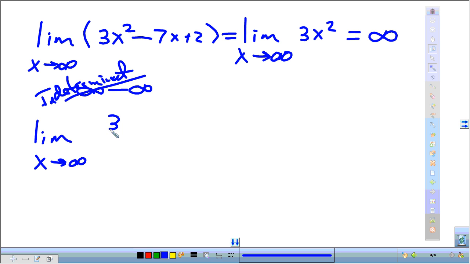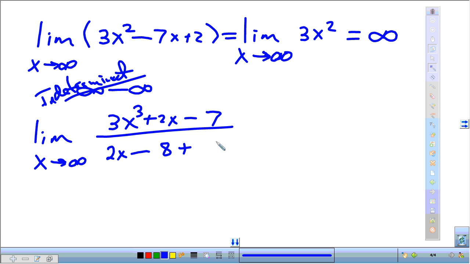But other things like 3x cubed plus 2x minus 7, all divided by 2x minus 8 plus 4x cubed minus x squared.